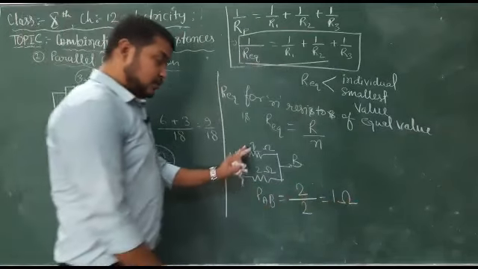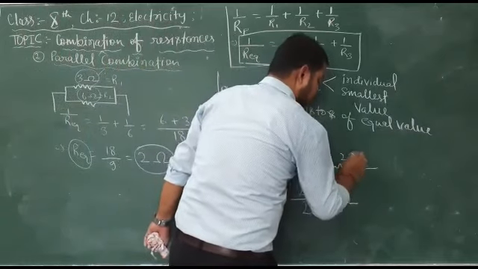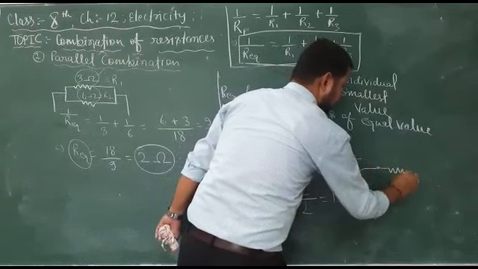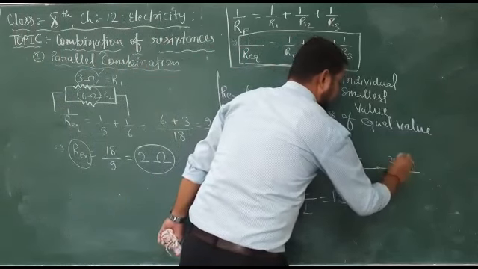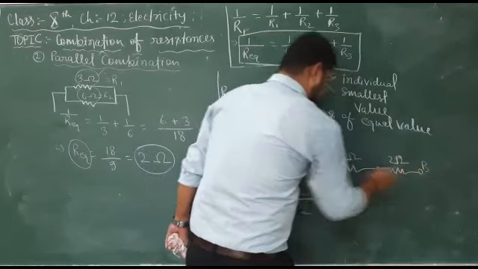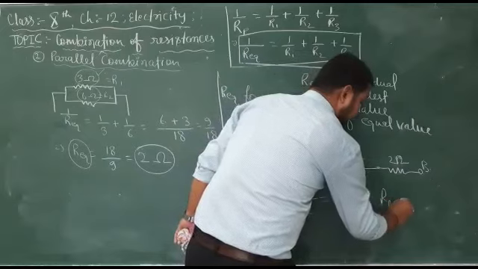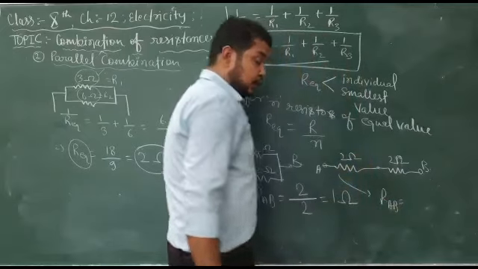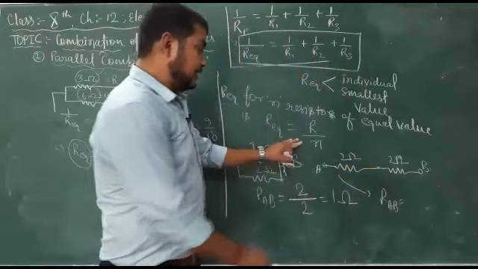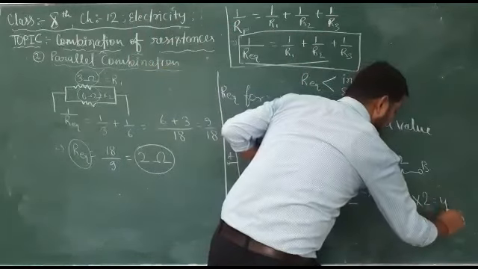If these two resistances are combined in series, here it is 2 ohm, again it is 2 ohm, and if you are asked to find the resistance across the ends AB when these are connected in series, then RAB will be equal to 2 plus 2, 4. So in this case, 2 multiplied by 2 is equal to 4 ohm.